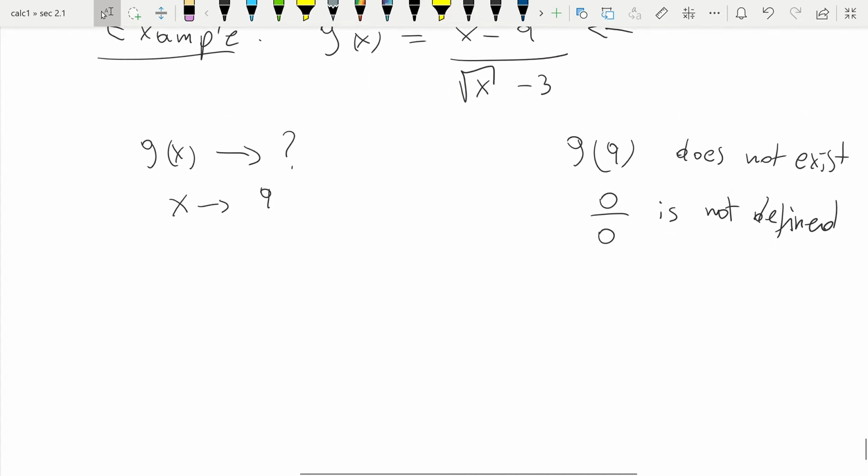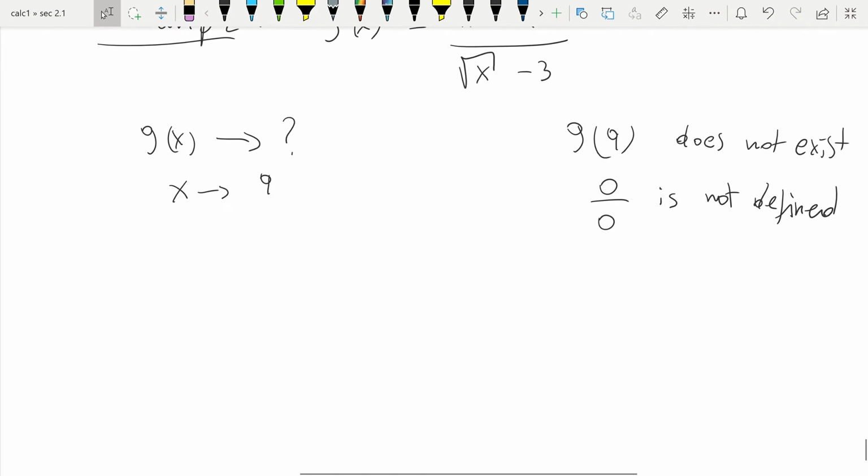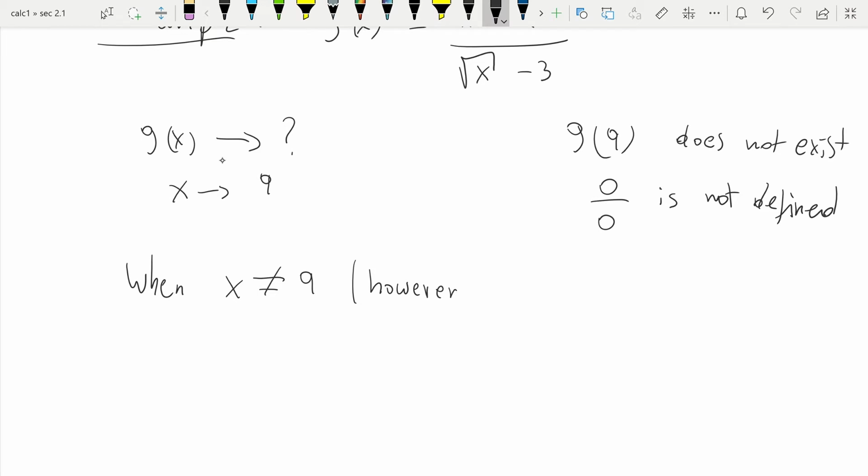However, we can do some algebraic manipulation. When x is not equal to 9, x can be taken arbitrarily close to 9.